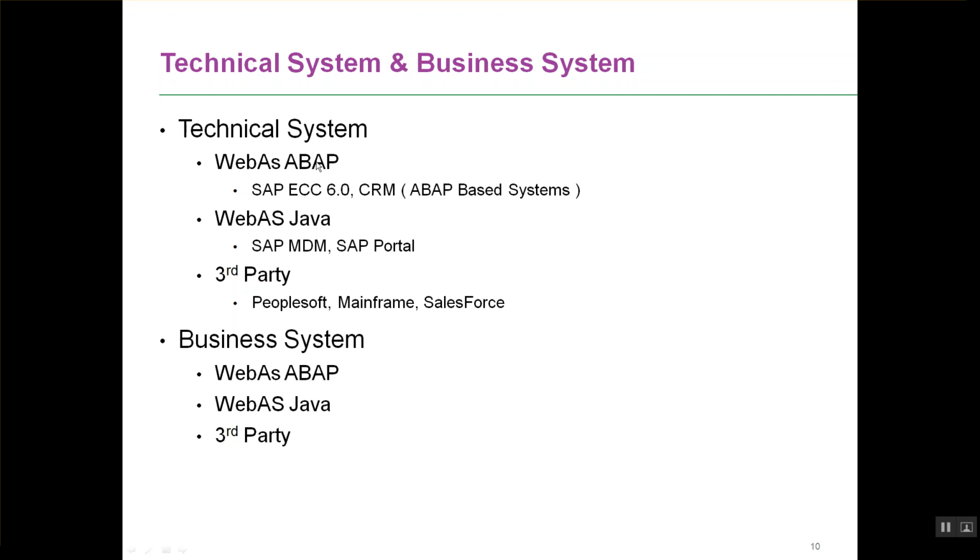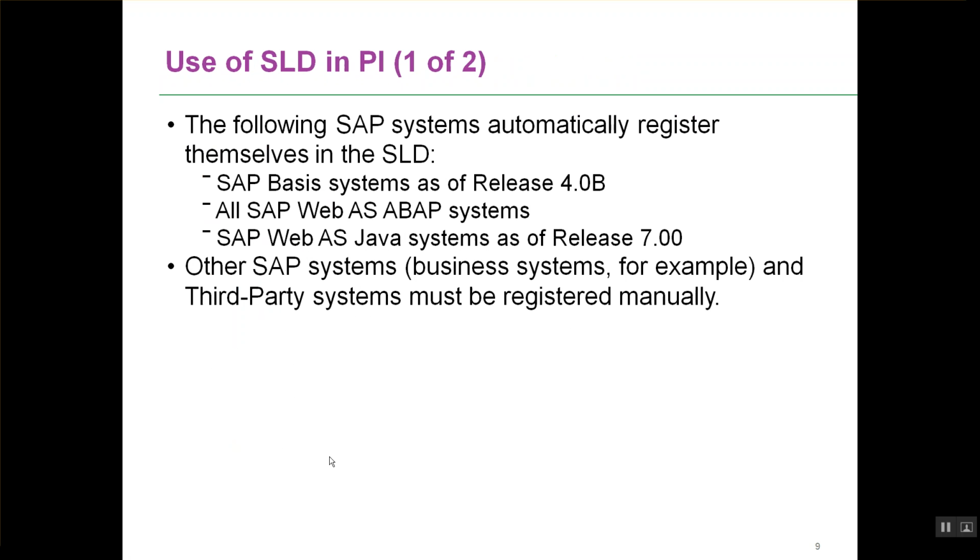Basically, each client of your ABAP system can be correlated to a corresponding business system. Your Java systems have a 1:1 correlation between technical system and business system, and likewise for the third-party system, where the correlation is 1:1. Okay.